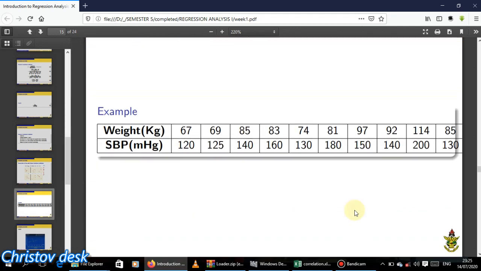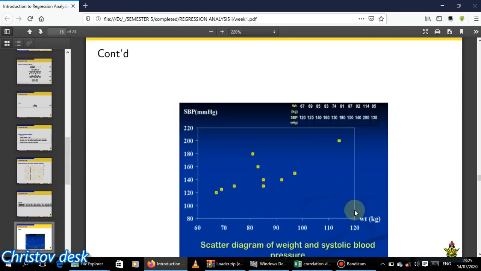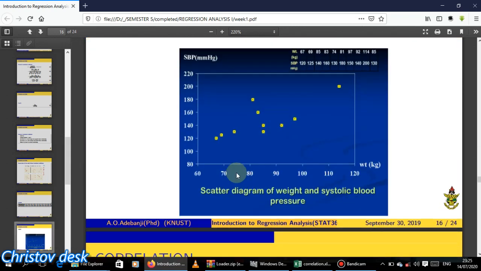So this is a typical example. We have weight and then some, I think, systolic blood pressure. You want to look at the correlation between your weight and your blood pressure, okay. So this is a sketch of that. You see that the sketch looks scattered, but you can see that at least they are trying to move in the same direction.